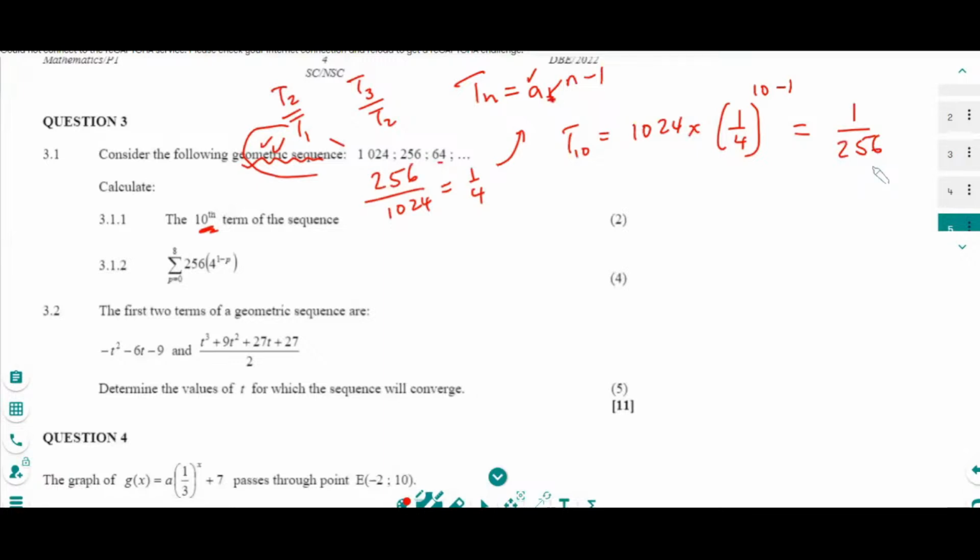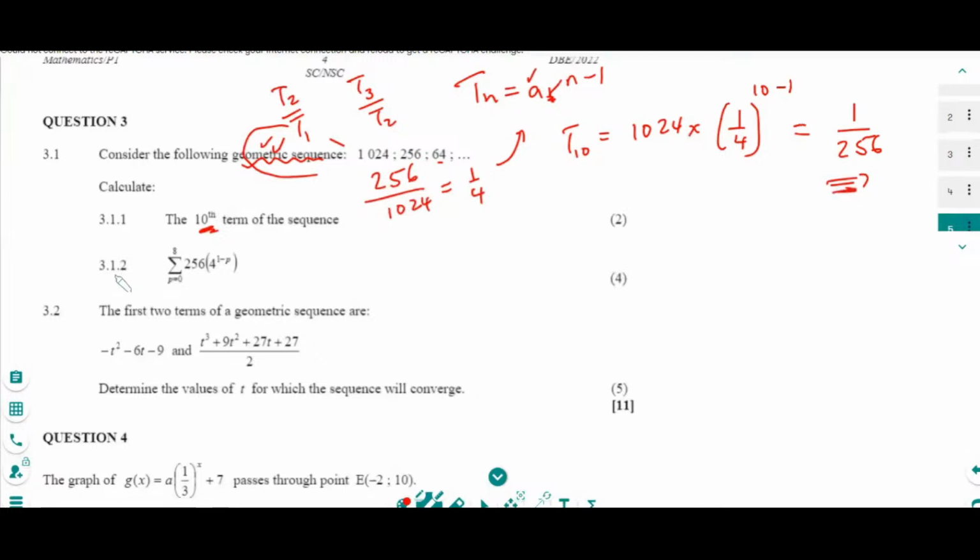So that becomes our answer. We prefer it to be a fraction rather than a decimal, because some people enjoy rounding off to 2 decimals, and with 2 decimals it will be 0,000 something, which won't make sense. So rather leave it as a fraction.